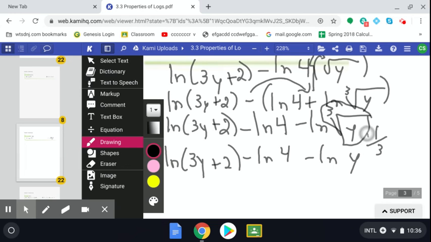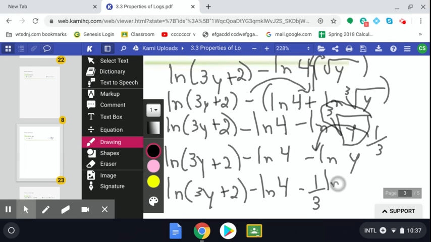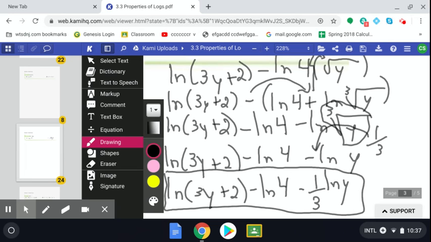And then I can pull that up front. And that should be my last step. So now my final answer is going to be natural log 3y plus 2 minus natural log 4 minus 1/3 natural log y. Final answer. Okay?